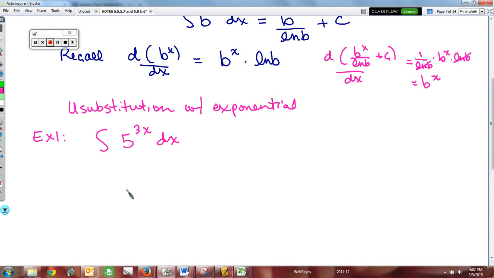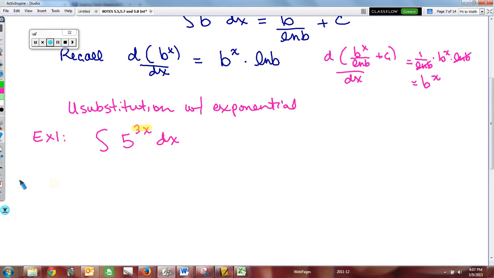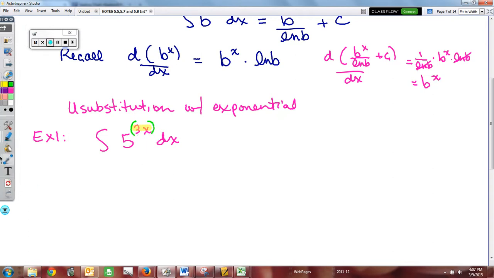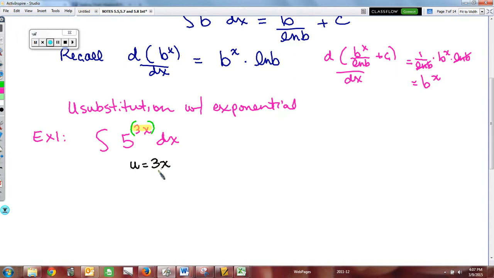What you would recognize here is that this is going to have to be a u substitution problem, because I have an inside function. When you're doing exponentials, your inside function is the exponent, so we're assuming there are parentheses here. So I'm going to let u equal the exponent. That makes my du equal to 3 dx.